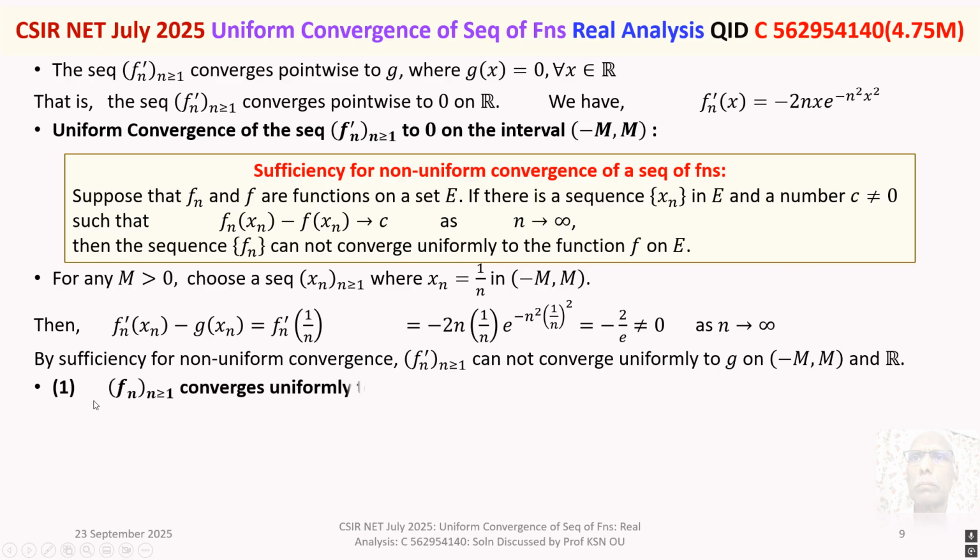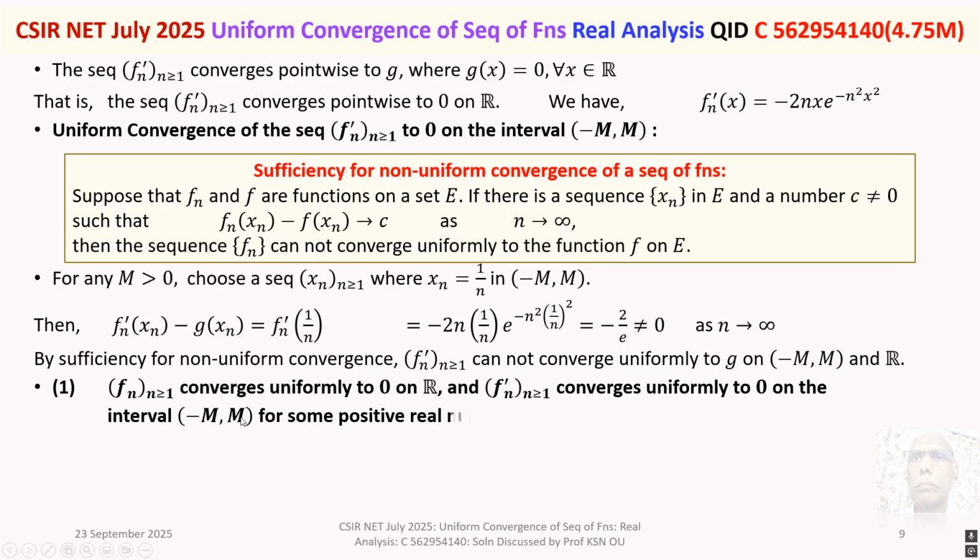Let's call on option 1. The sequence Fn converges uniformly to 0 on R. Yes. The sequence Fn prime converges uniformly to 0 on the interval minus m to plus m for some positive real number m. That second part is not true.